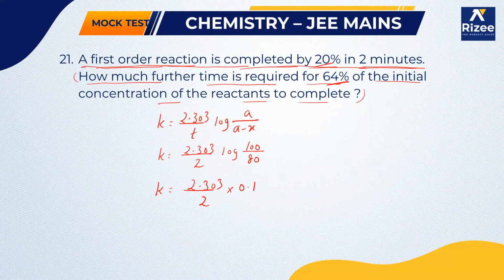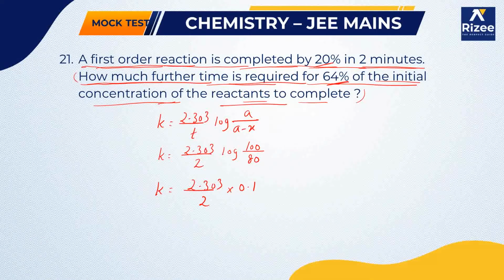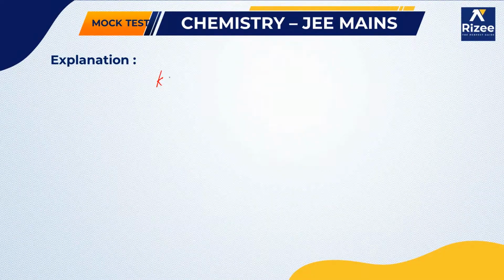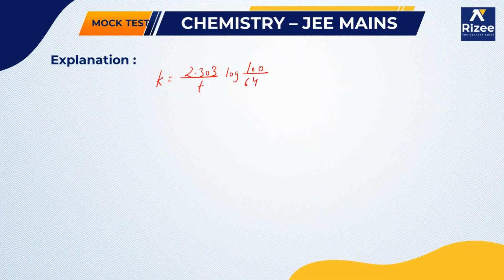Now coming to the second part of the question: how much further time is required for 64% of the initial concentration of the reactants to be completed? This is also a first order reaction, so we can write K is equal to 2.303 by t into log of 100 by 64. We have to find time.